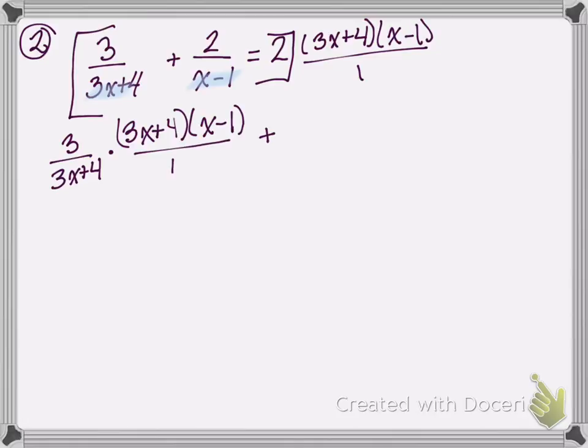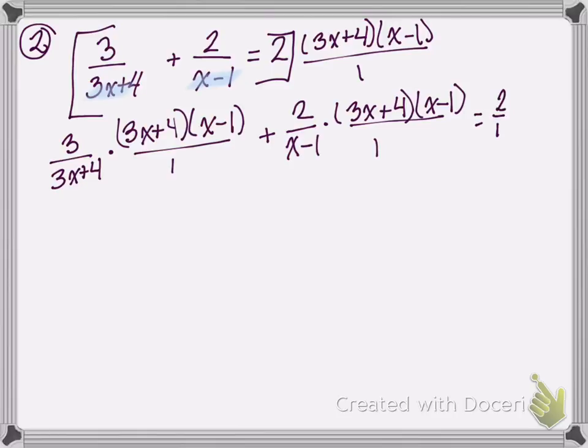We're going to multiply that again times 2 over x minus 1 times 3x plus 4 times x minus 1 over 1. And the last thing we're going to do is we have 2 over 1 times 3x plus 4 times x minus 1.